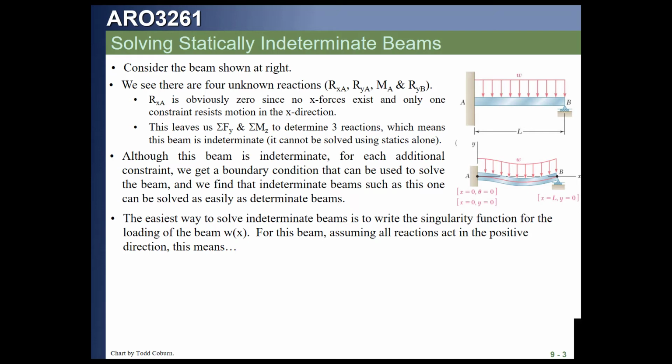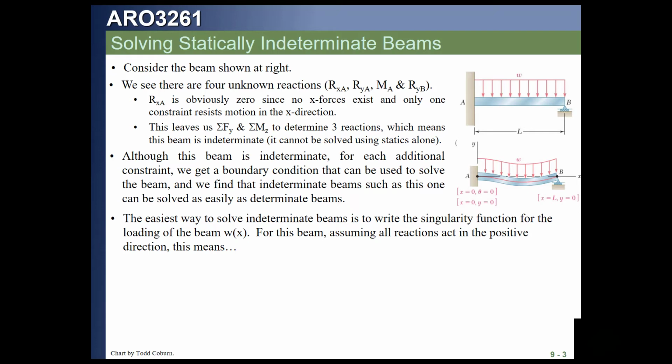We then introduce our boundary conditions, plugging in that theta at x equals 0 is 0. We're going to find that our coefficient of integration from the integration from moment to slope goes to 0. We'll introduce our boundary condition that the vertical deflection at A is 0, and that will tell us what that other coefficient is.